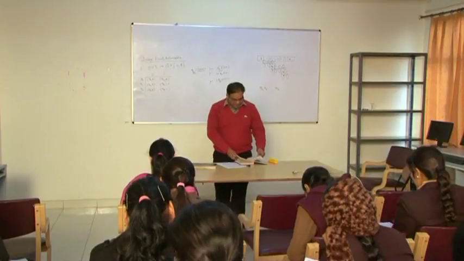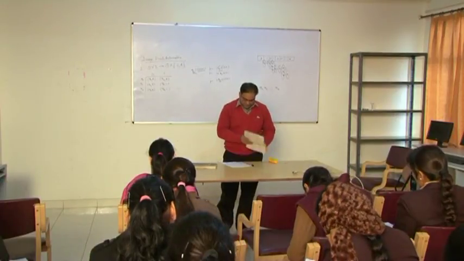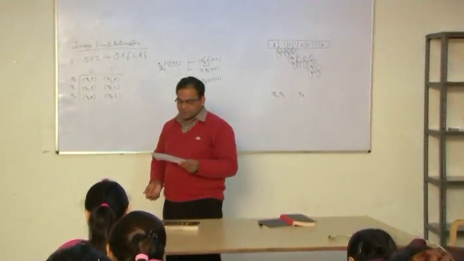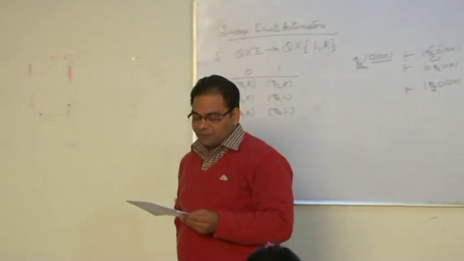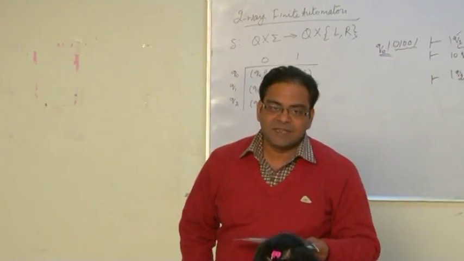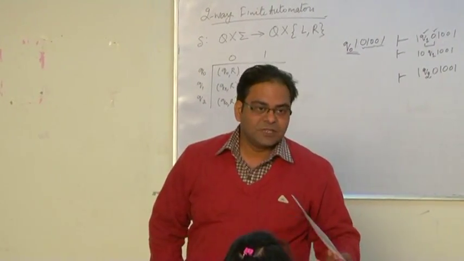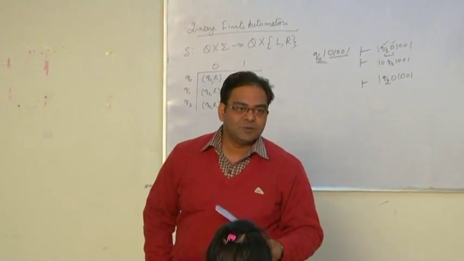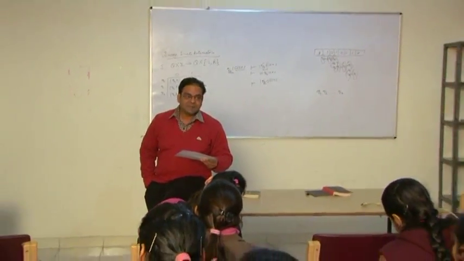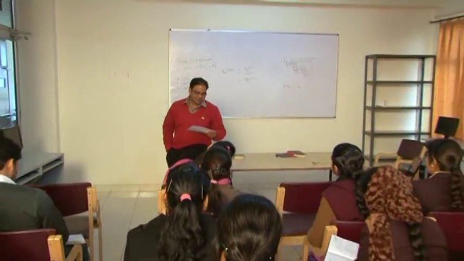So we are done with section A, in which the last topic is applications of finite automata, in which we will be covering lexical analyzers and text editors. The theory is available in the books. So just go through it, how finite automata is helpful in lexical analysis and the text editors.